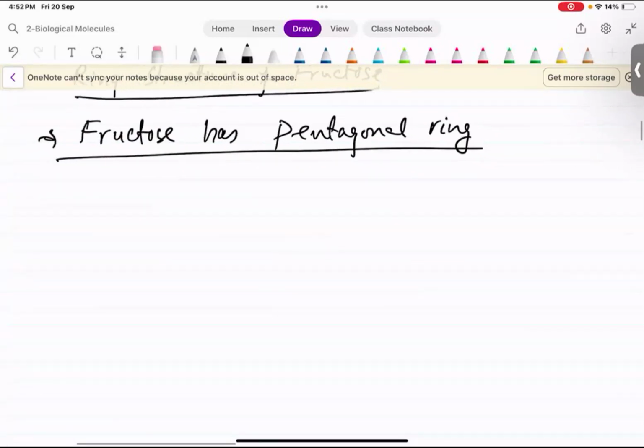Pentagonal means that it has 5 sides of this ring or 5 corners, and we can draw it this way. Okay. So these are 5 corners, 5 sides. So that is why it is pentagonal.